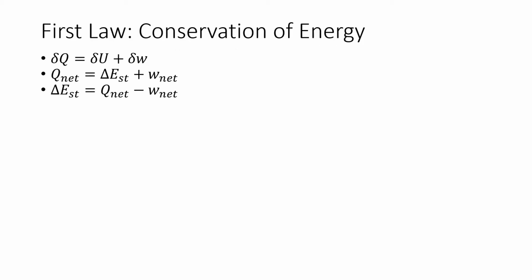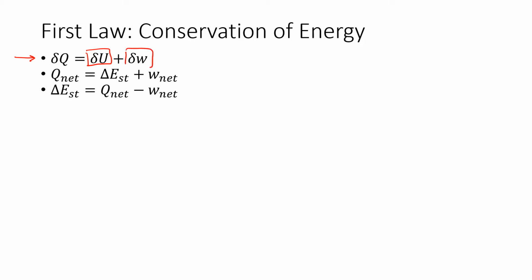So let's go back to the first law of thermodynamics, which is nothing but the conservation of energy. Now the equation for the first law is del Q equals del U plus del W. Now in thermo, if you know the pressure and temperature of the air in a piston cylinder assembly, you can find the delta U using the tables.